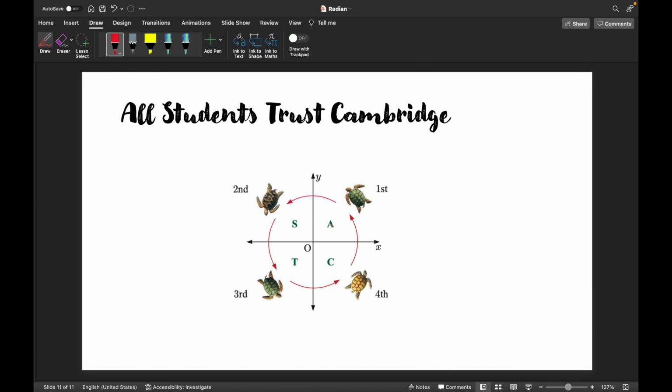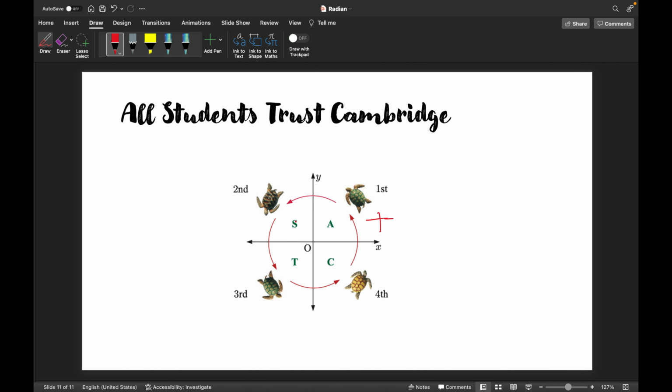So this would be A, so all students trust Cambridge. A means all trigonometric functions. S would be sine, T would be tan, C would be cos. So all of the ratios, sine, tan, cosine, will be positive in this quadrant.